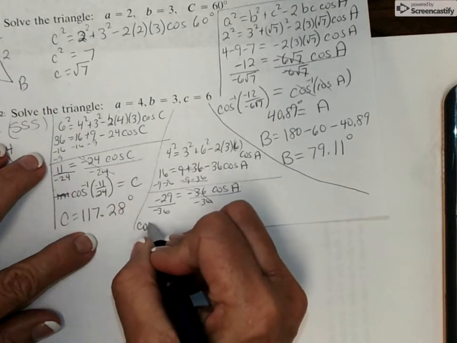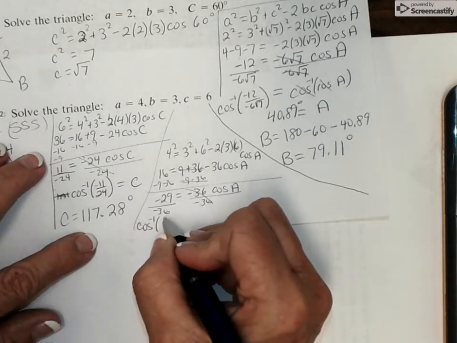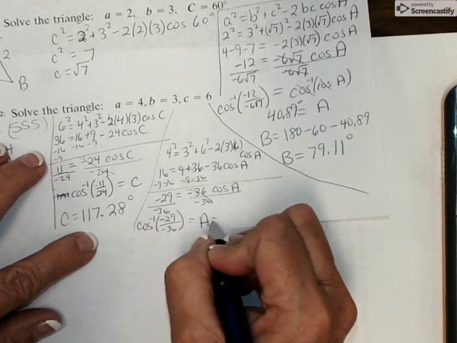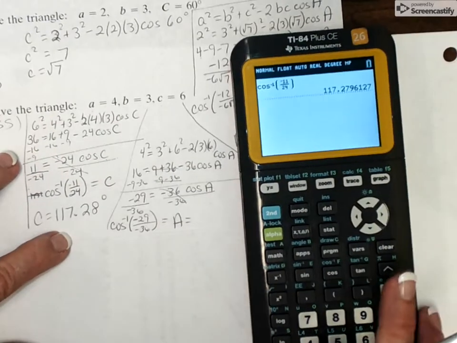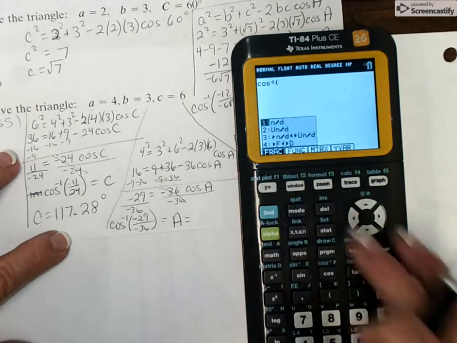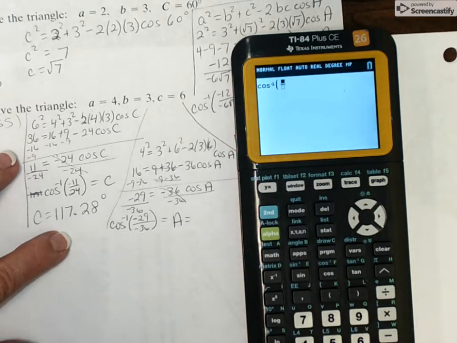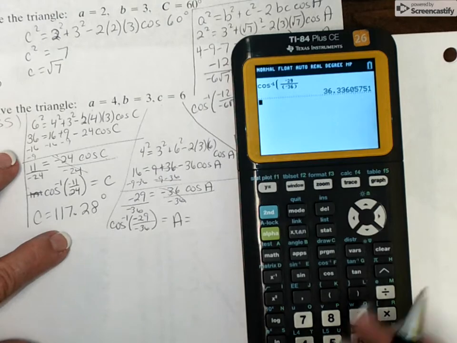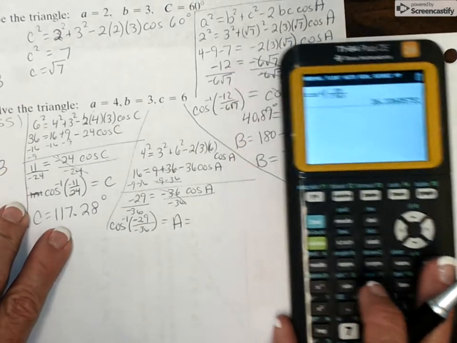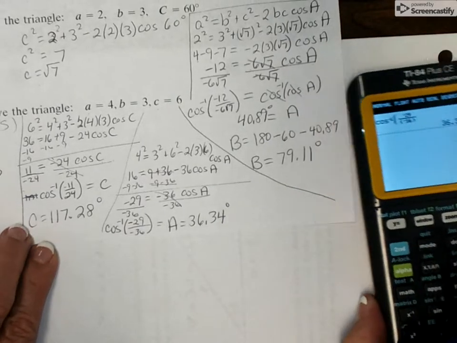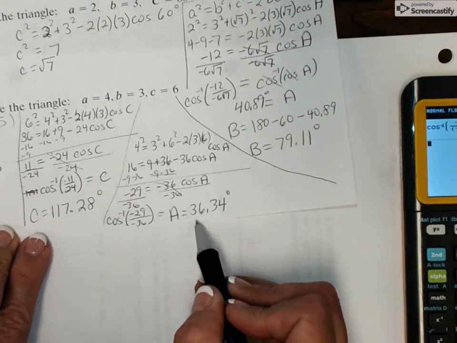So cosine inverse of negative 29 over negative 36 will equal angle A. When I put this in the calculator, second cosine, get my fraction symbol, negative 29 divided by negative 36, and enter, and we get 36.34 degrees. Okay, so I've got angle C, I've got angle A.